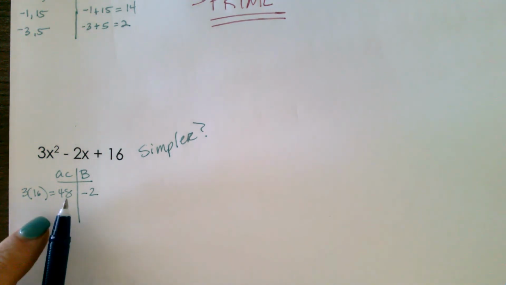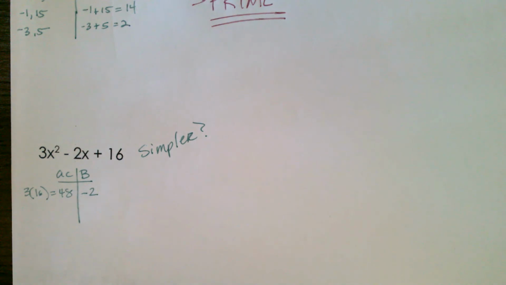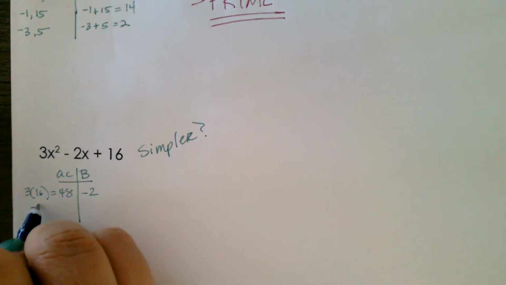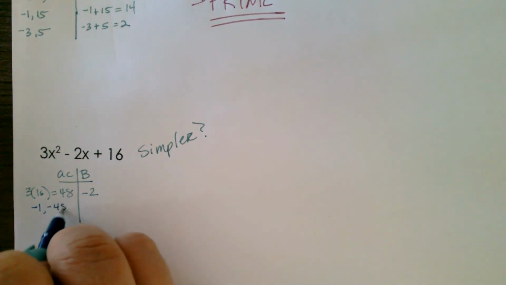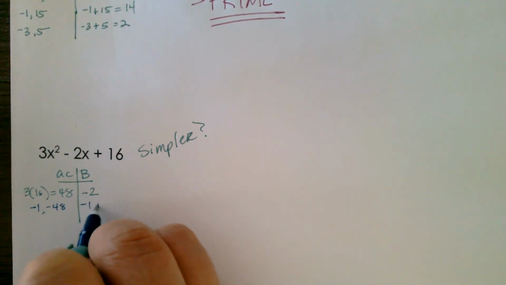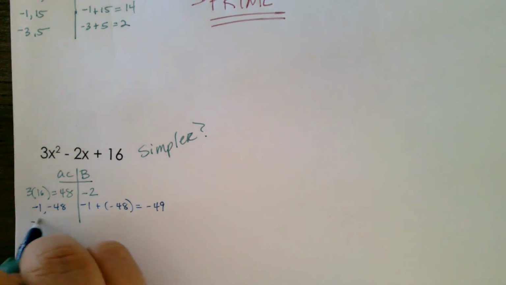Okay, notice here we have a positive factor, so that means we're either going to have a -1 and a -48. When I add those together, I get -49.